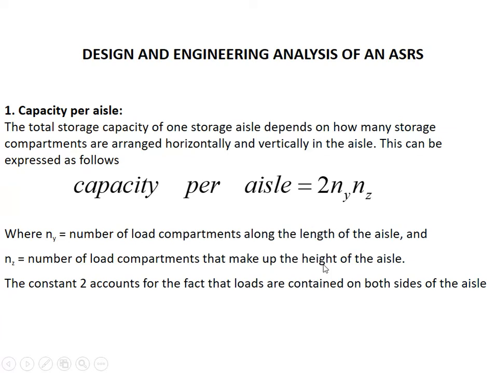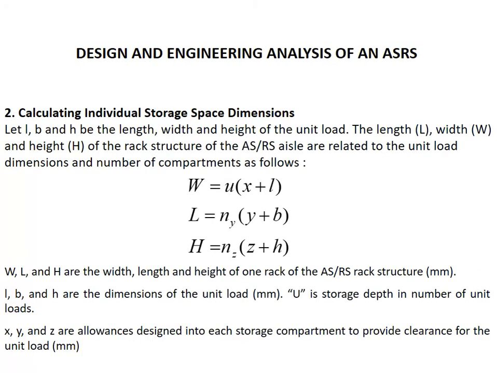So based on the length and height, we need to define how much capacity that ASL has. These two parameters are useful for calculating that, and the individual storage space dimensions will also be calculated using W, L, H, which are the height of the rack, length and width of the rack, and L, B, H of the unit load.